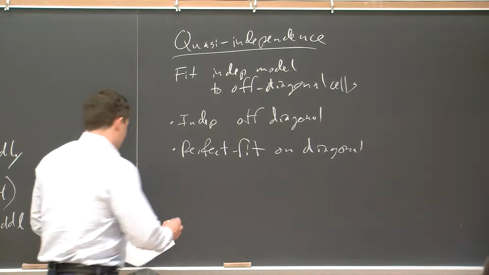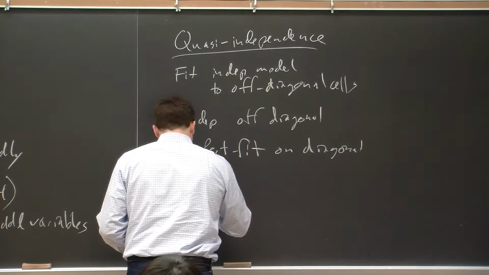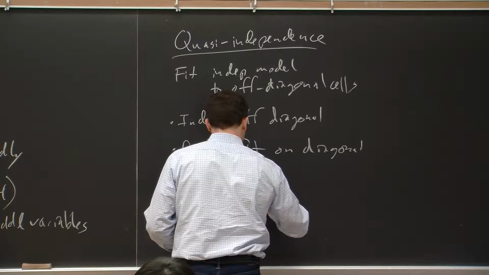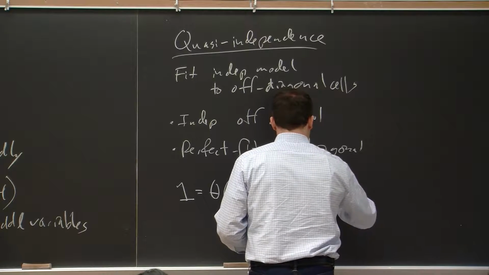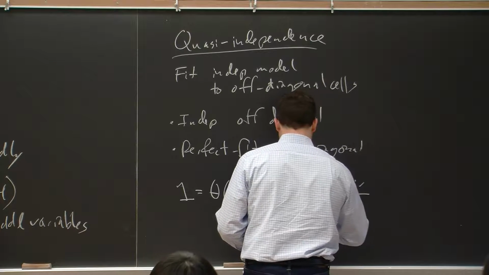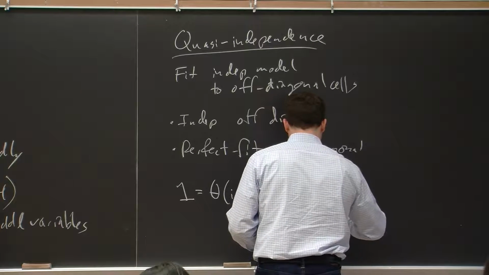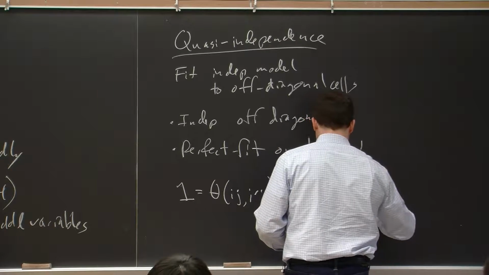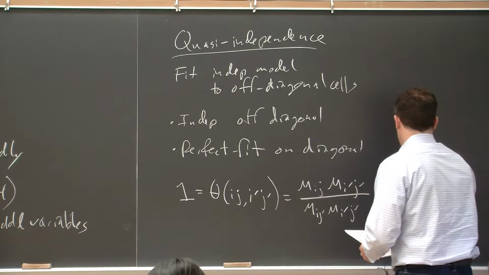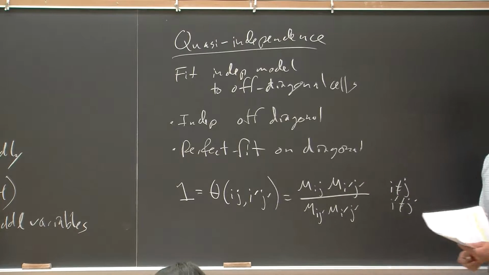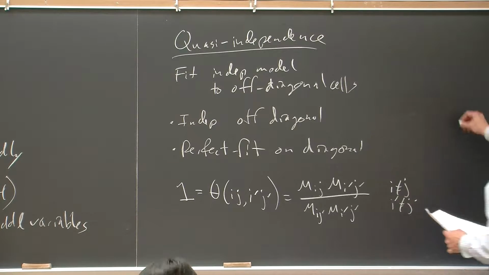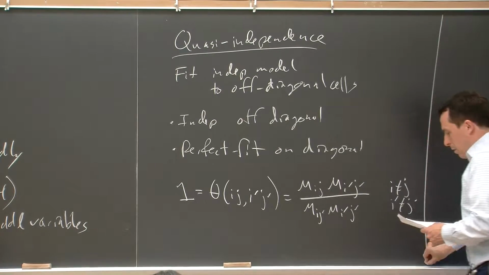Another way of saying that is that the odds ratios for the off-diagonal cells are all equal to 1. That's another way of saying that we want the off-diagonal structure of the table to be independent.